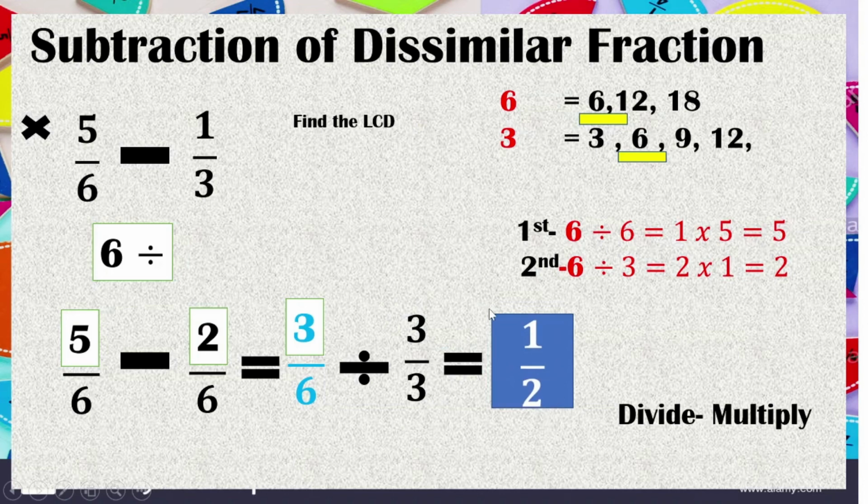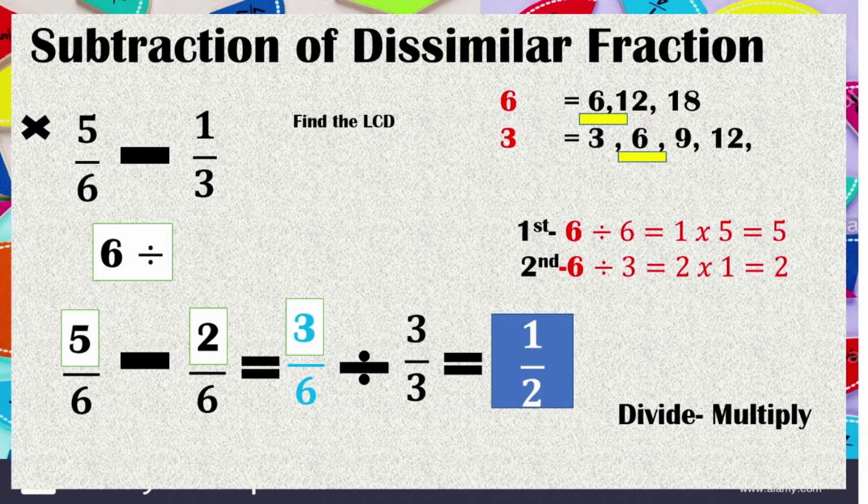So, the answer is 1/2. Pag ang sagot nyo, pwede pang i-lowest term nyo, kung pwede pa siyang i-divide yung numerator at denominator. So, the answer of 5/6 minus 1/3 is equal to 1/2.